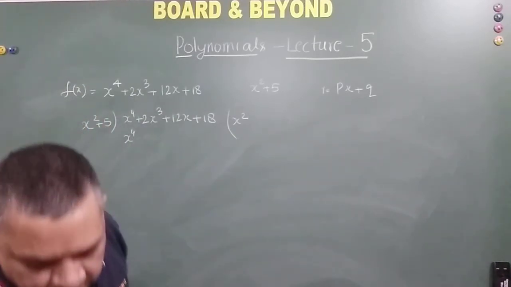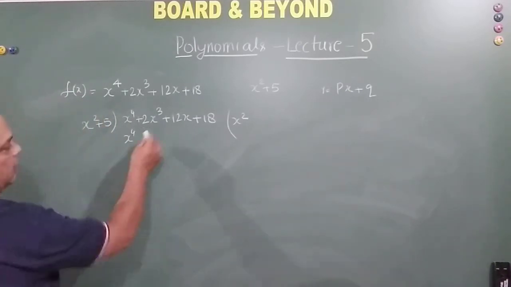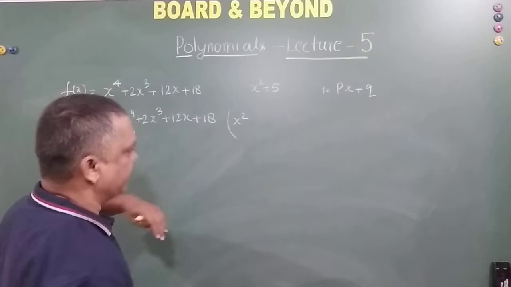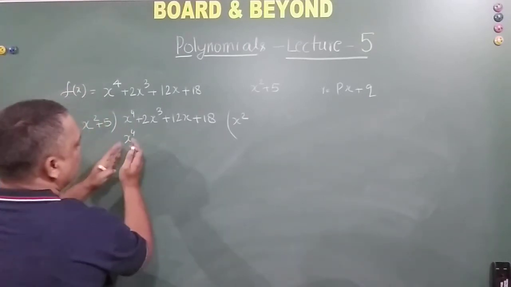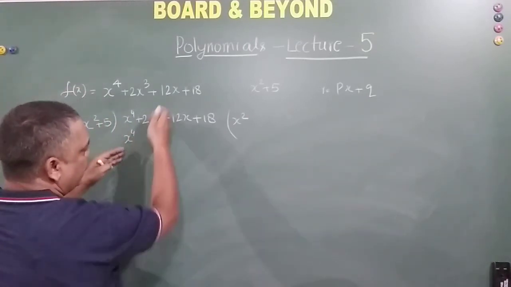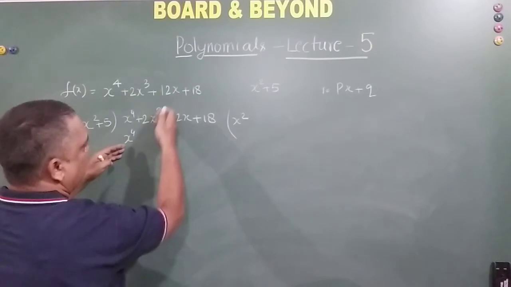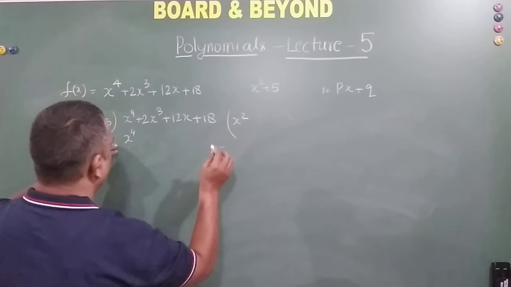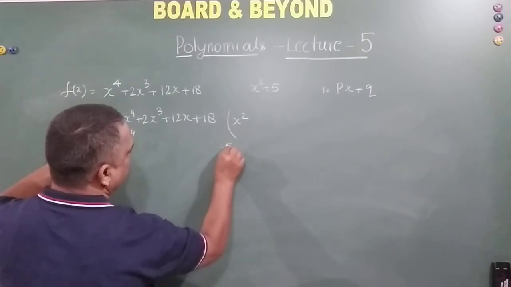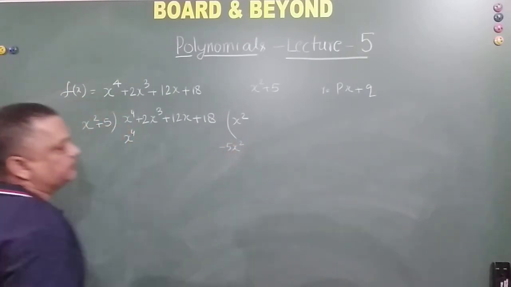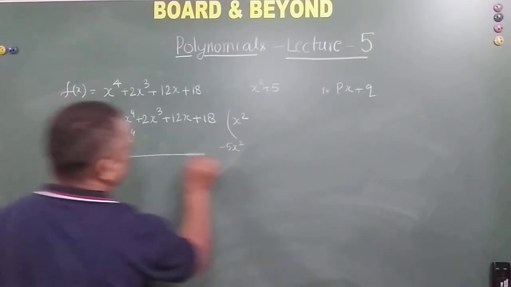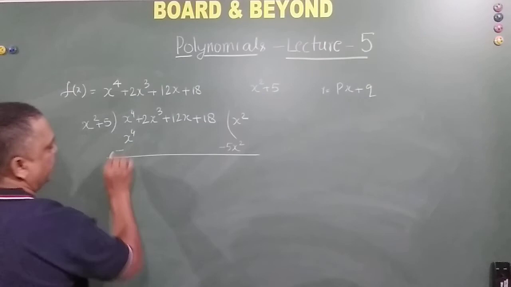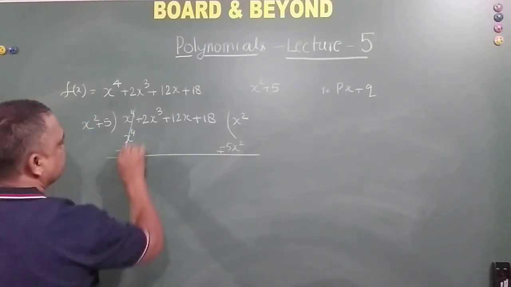Friends, whenever you are not able to match the power of a variable when you are dividing, you don't put that term below a term which has a different power, put it separately. So I am going to put 5x square here, right? So what happens now? Minus and plus, this gets cancelled.